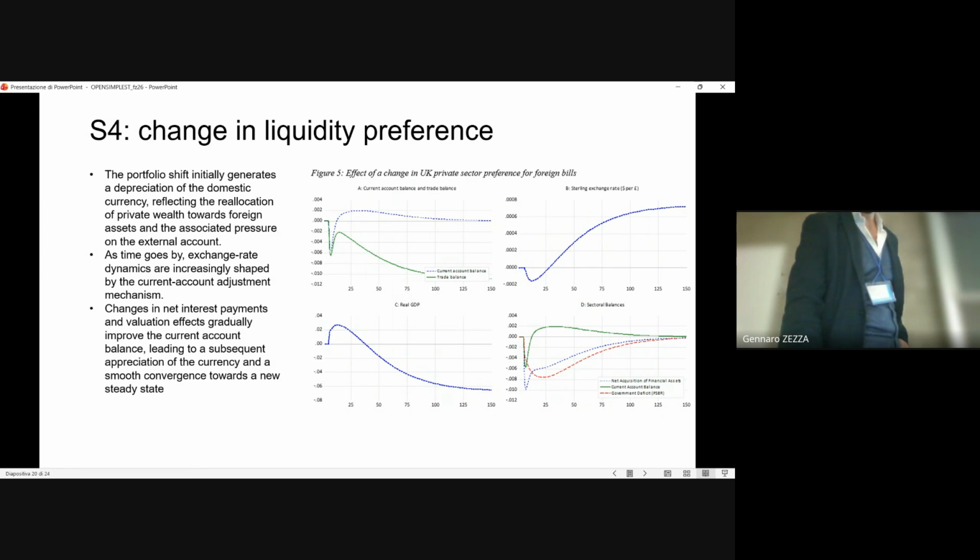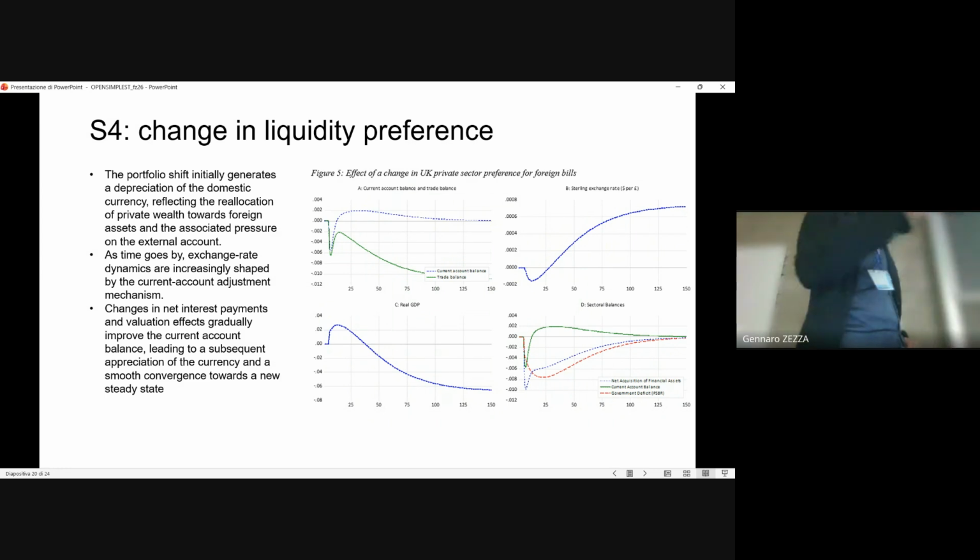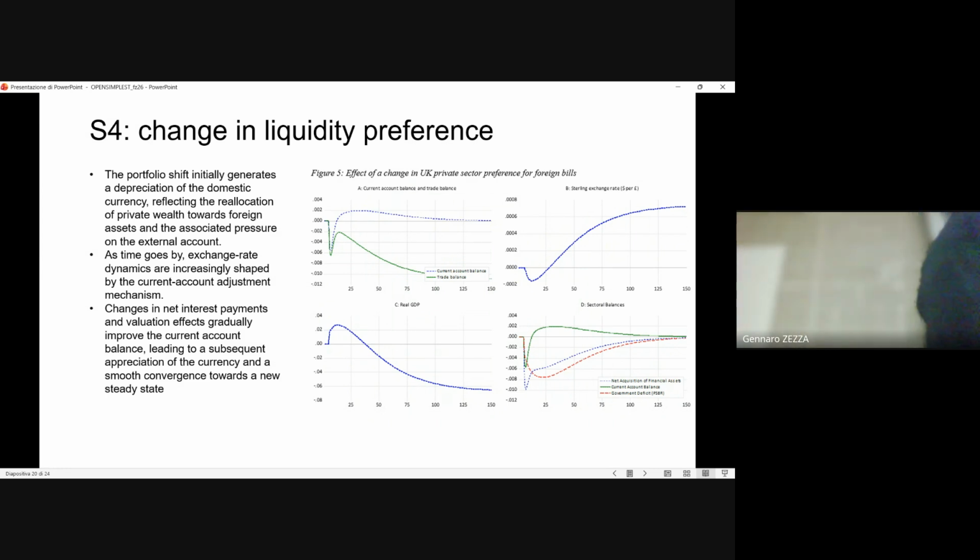Then I have the simple example of a change in liquidity preference. Let's check what happens if the domestic sector increases their preference for foreign bills. This is run by changing one of the lambdas in the asset demand function.